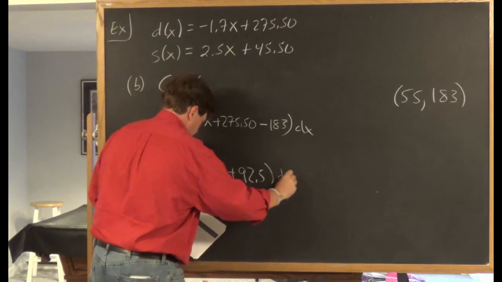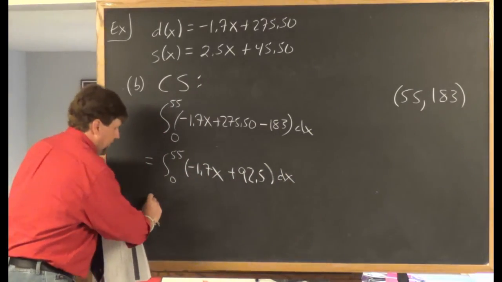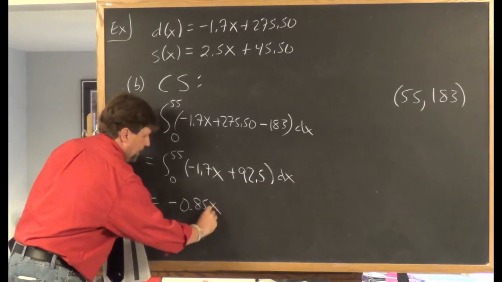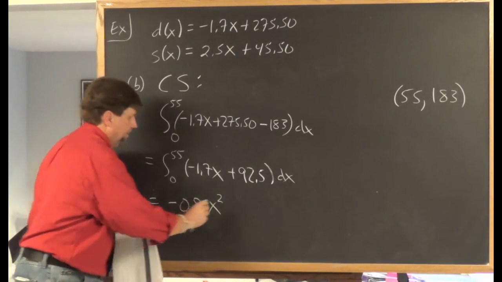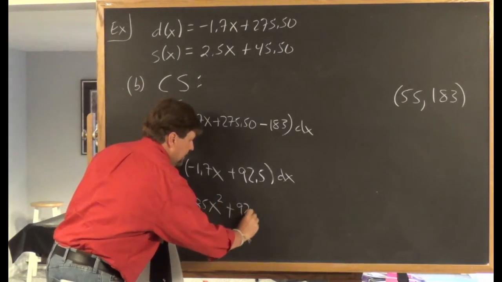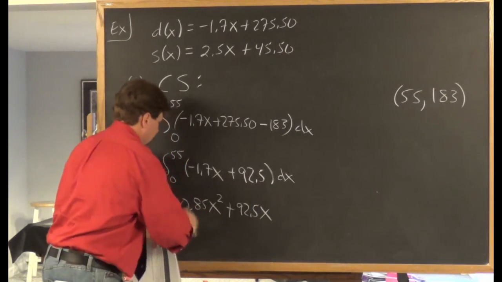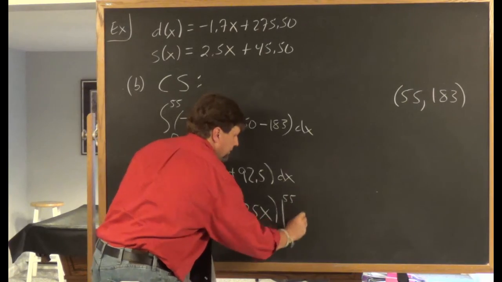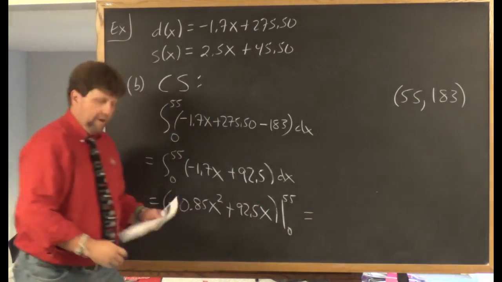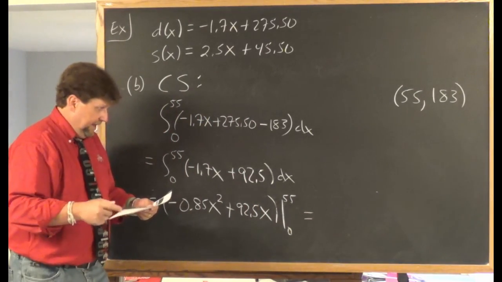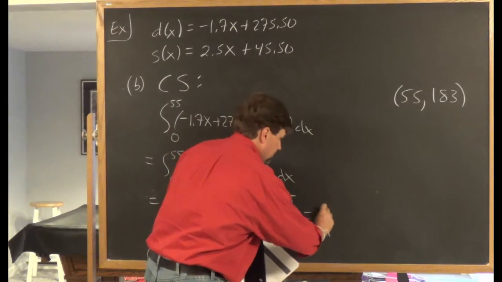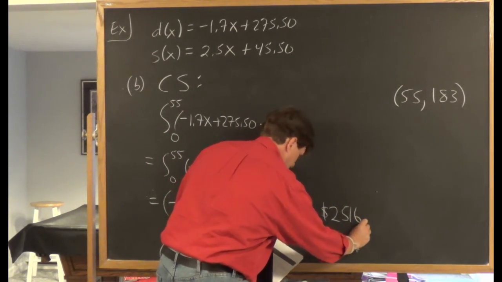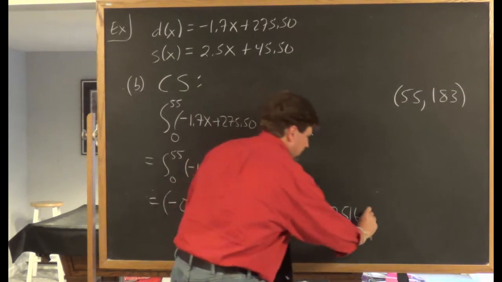92.5. Get an antiderivative: negative 0.85x squared plus 92.5x. And I evaluate that from 0 to 55. So I crank it through the fundamental theorem of calculus, and I get 2,516.25.